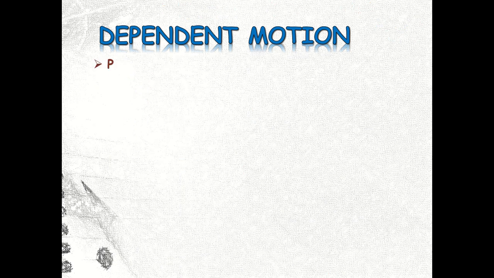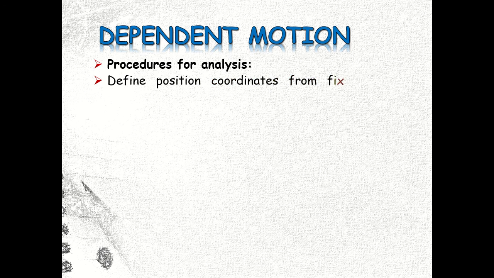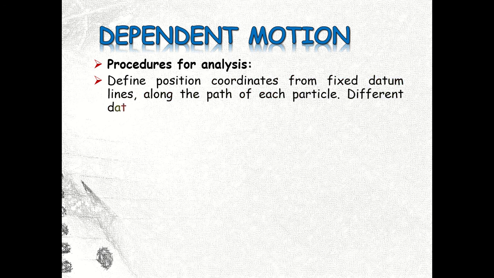Now, procedures for analysis: how to solve problems that involve dependent motions. These are the procedures for our analysis. First, we define position coordinates from fixed datum lines along the path of each particle.